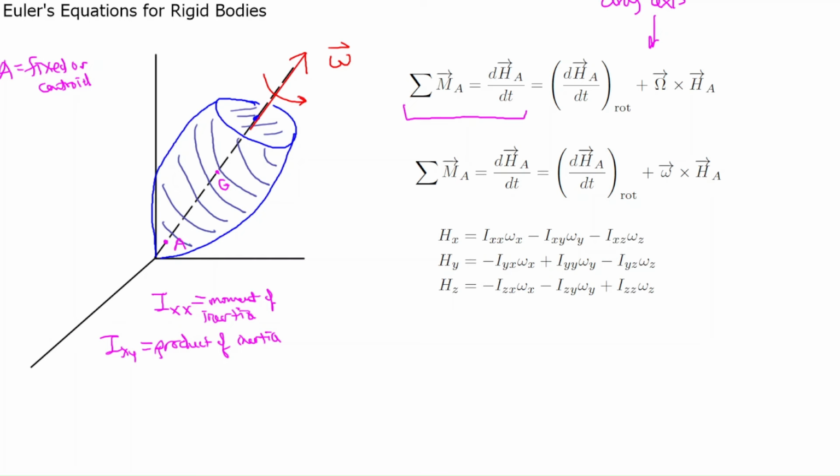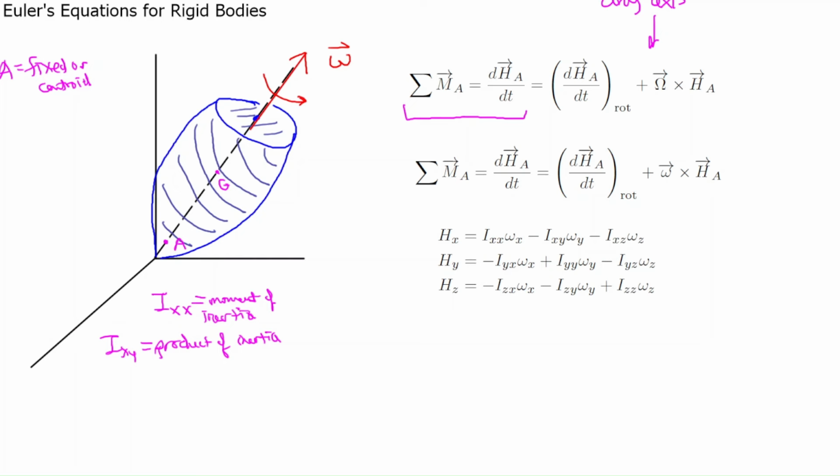Now what we need to do is imagine the derivative of this in the rotating frame, and later the cross product. In the rotating frame, if we place ourselves in the same frame as the rotating object, then these components of the moments of inertia are going to be constant, thank goodness. We don't have to take time derivatives of those.